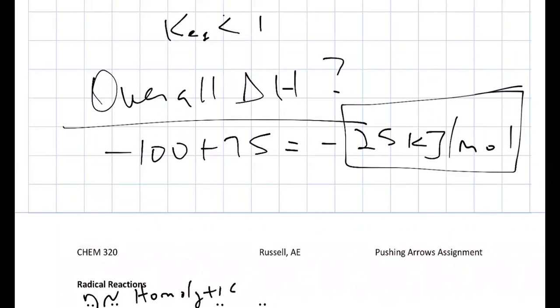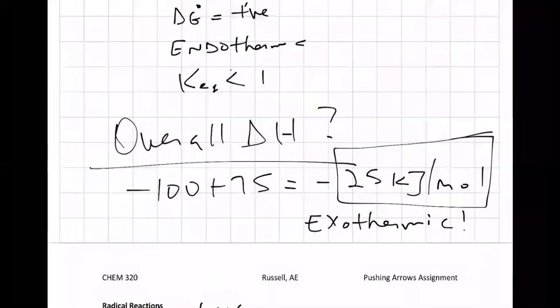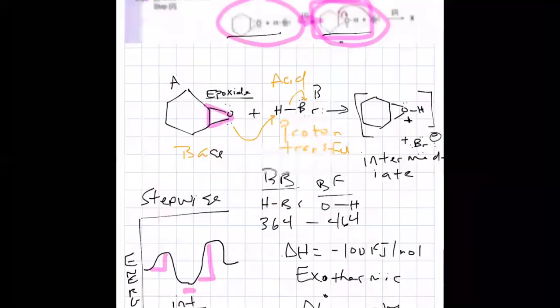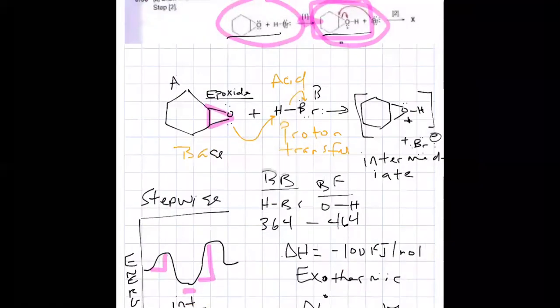Exothermic. The overall process is exothermic. Good. And it's a stepwise mechanism because first you had to activate the ring by doing proton transfer. And then after you activated the ring, you did nucleophilic attack on the intermediate.